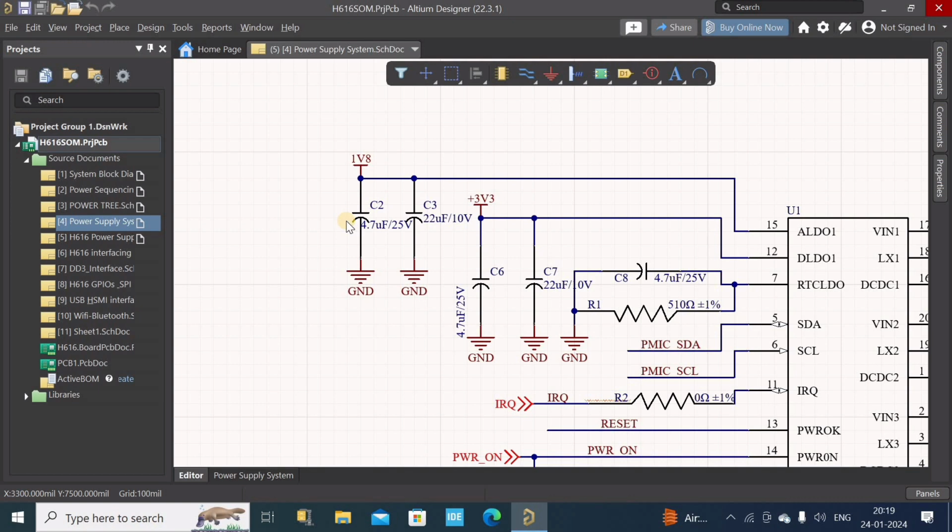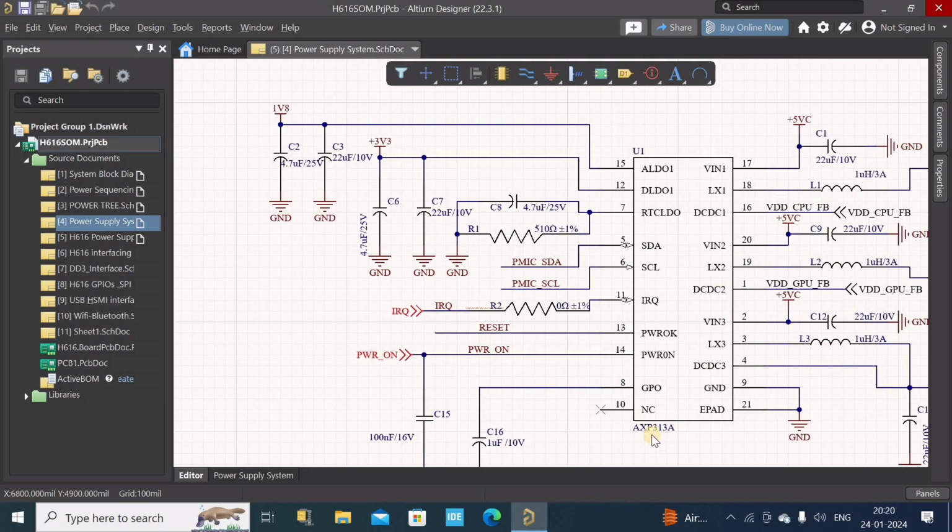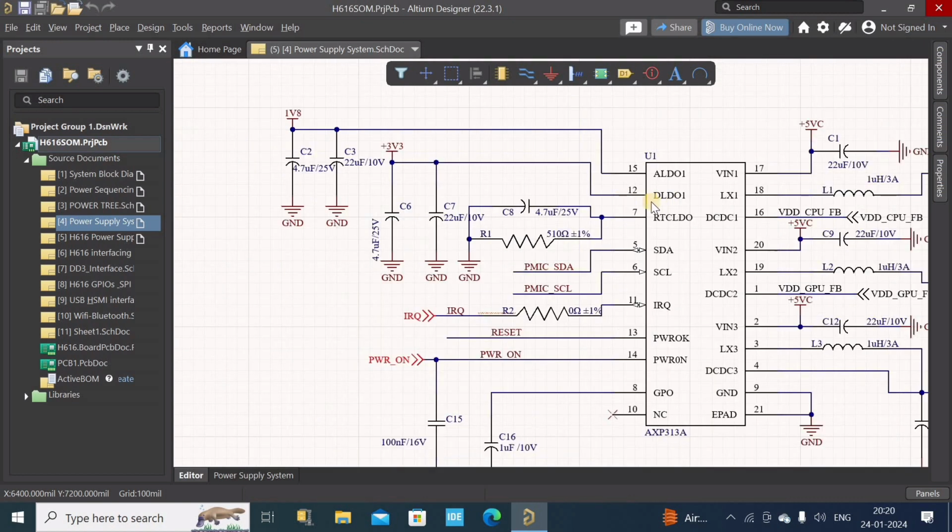They are bulk capacitors for protecting our power management IC when it has to be connected to power hungry devices, or many devices consuming these voltage levels. And then down here we have the LDO, which generates 3.3 volts, and here also we are using two capacitors connected to it.